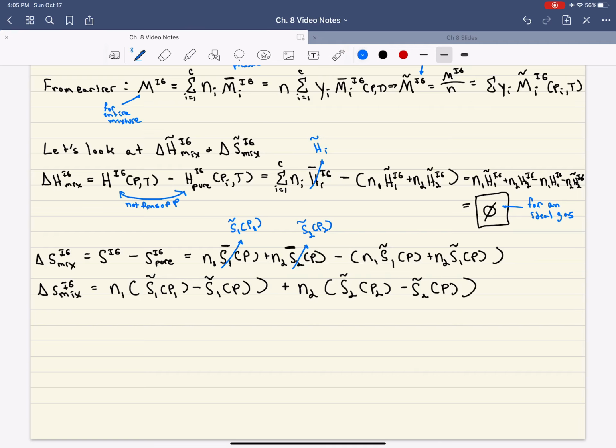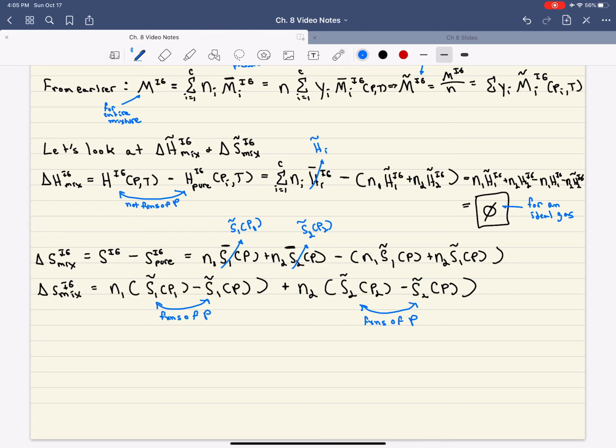Because if you remember, when we dealt with the entropy of gases before, entropy is a function of pressure. So because of that, we're going to have a non-zero value here.